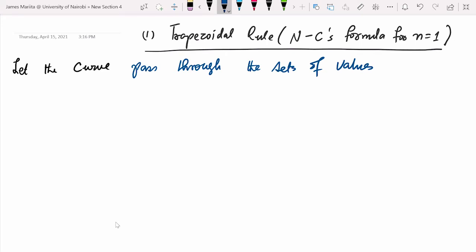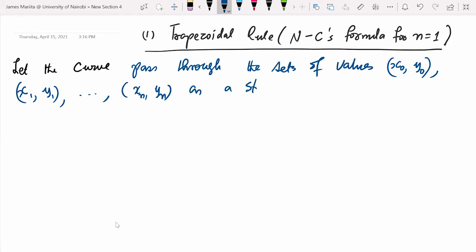We can have x naught, y naught, x1, y1, and so on up to xn, yn as a straight line. So as a straight line, in that case, we are talking about a polynomial of degree 1.